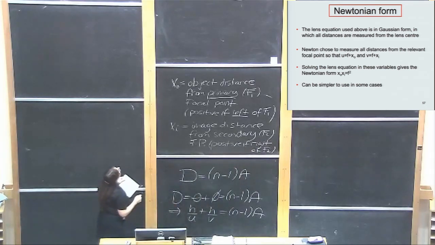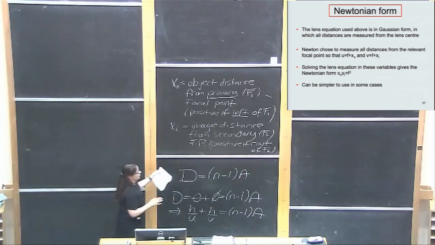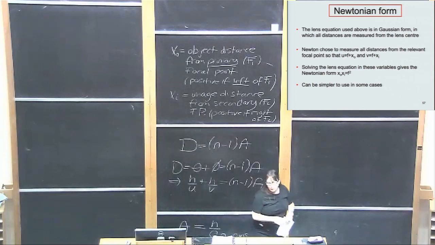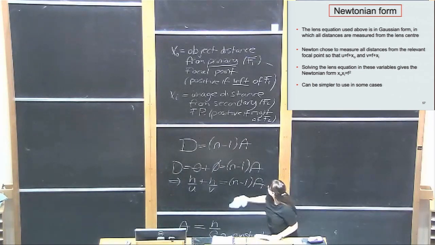So in the diagram that I drew up there, everything is positive so far, so it's all nice and easy for converging lenses and so-called real images, which we'll talk about soon.